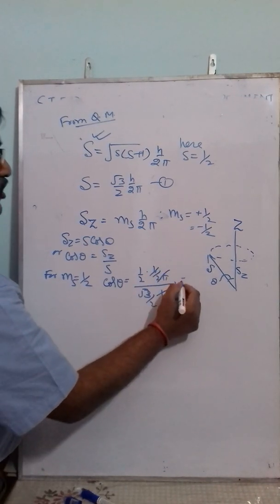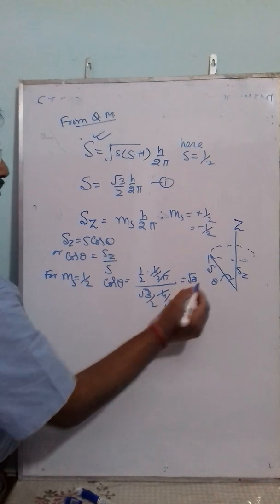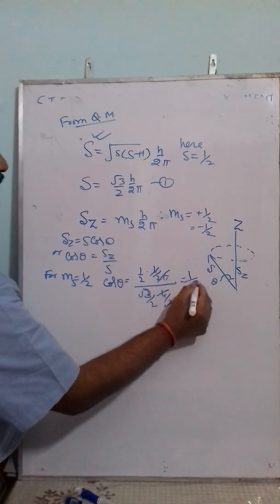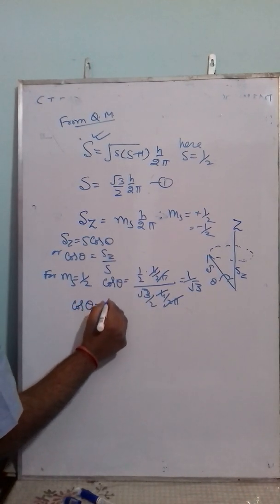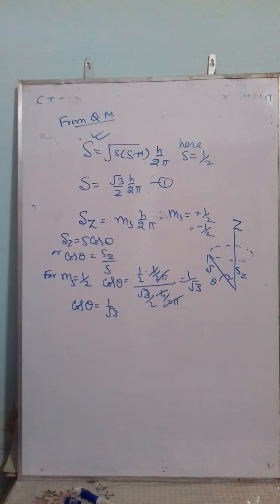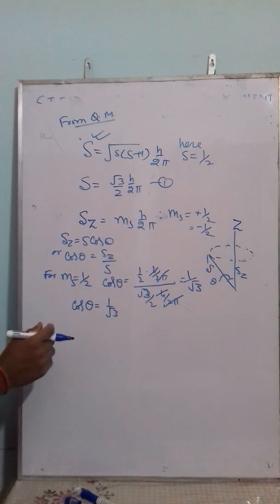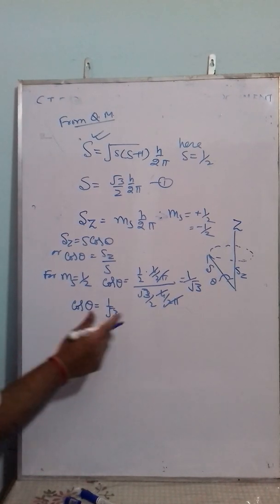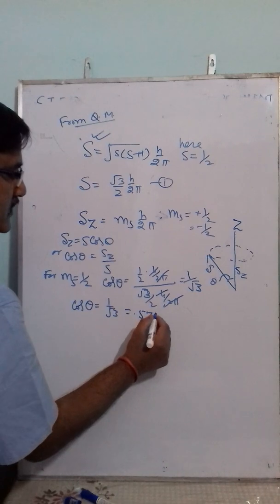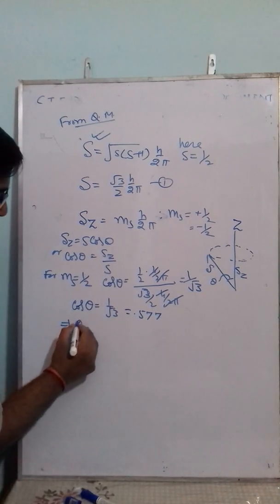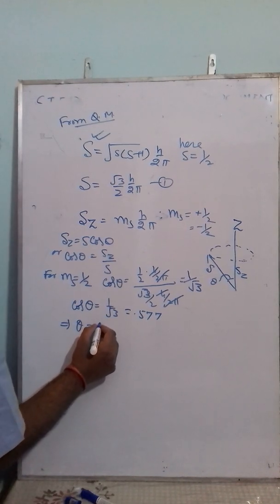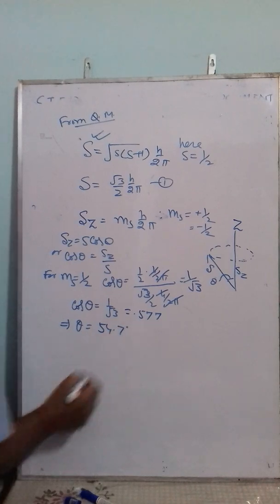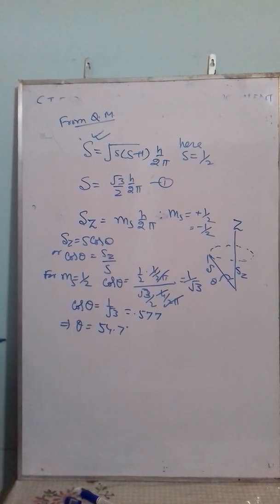This cancels out, and cos theta comes out to be 1 upon root 3, which is 0.577. Here theta comes out to be 54.7 degrees.